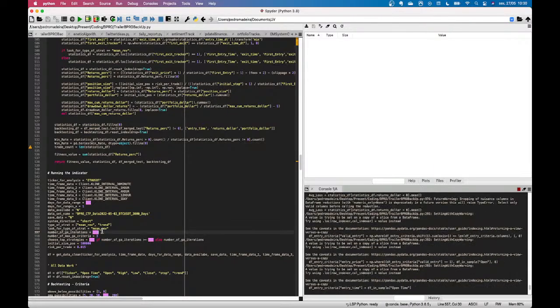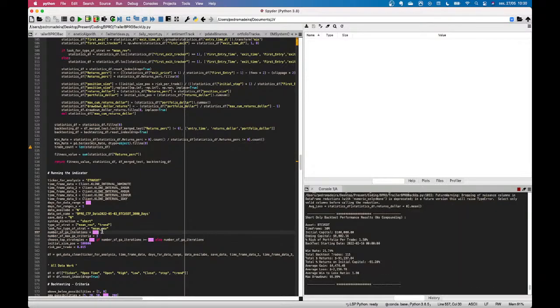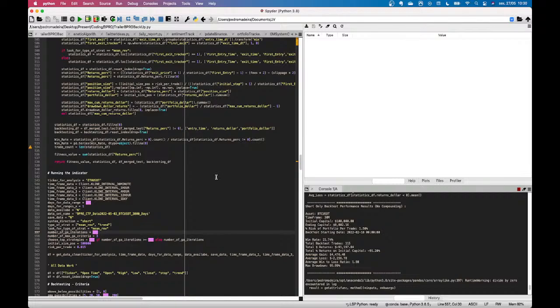So efficiency becomes a big problem once you start running iterations, and that's why it also took me a lot longer, because I had to be concerned not only about the strategy but also about the efficiency of the code.